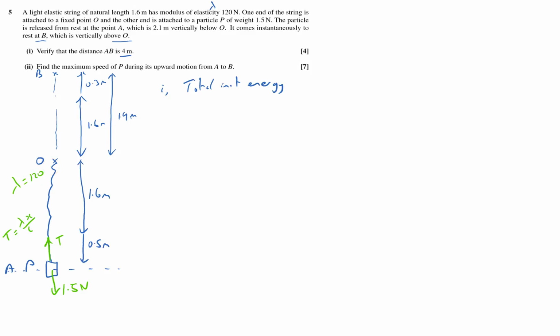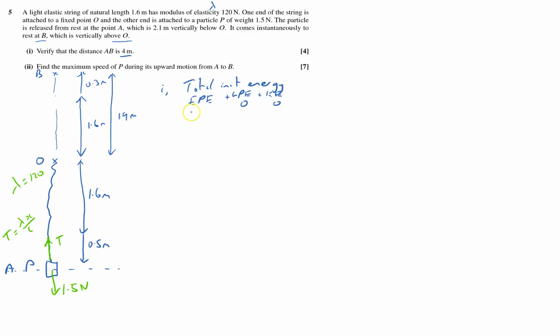So total initial energy is made up of elastic potential energy, gravitational potential energy and kinetic energy, and those last two are 0.